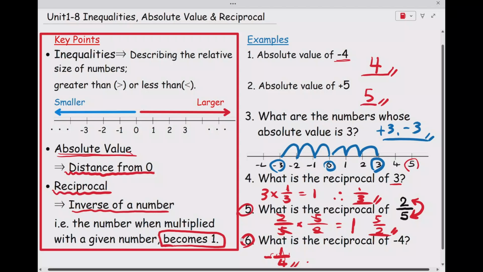But please be careful of this question. The reciprocal of -4 is -1/4, not +1/4. Because if you multiply -4 by +1/4, the answer will be -1, not 1. So it needs to be multiplied by -1/4 to get 1.